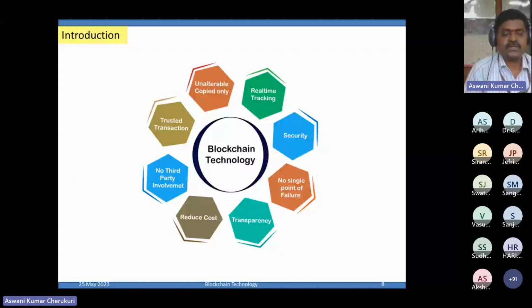Now, in this backdrop, you have a technology called blockchain technology, wherein you have security, number one. Number two, there is no single point of failure. Imagine I keep all the data in a centralized database. If the centralized database server fails, will I have availability of the data or not? That's a big question. In that regard, blockchain provides no single point of failure.